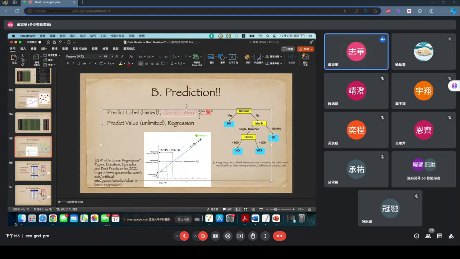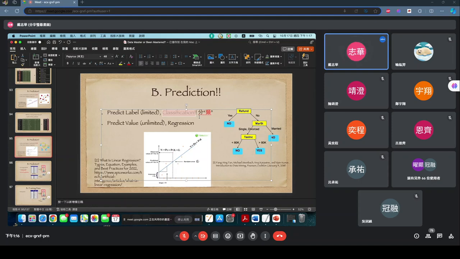For this kind of task, we are concerned about a specific attribute of an object, and we call that attribute the class label attribute, which would be, for example, whether the customer would purchase a product.